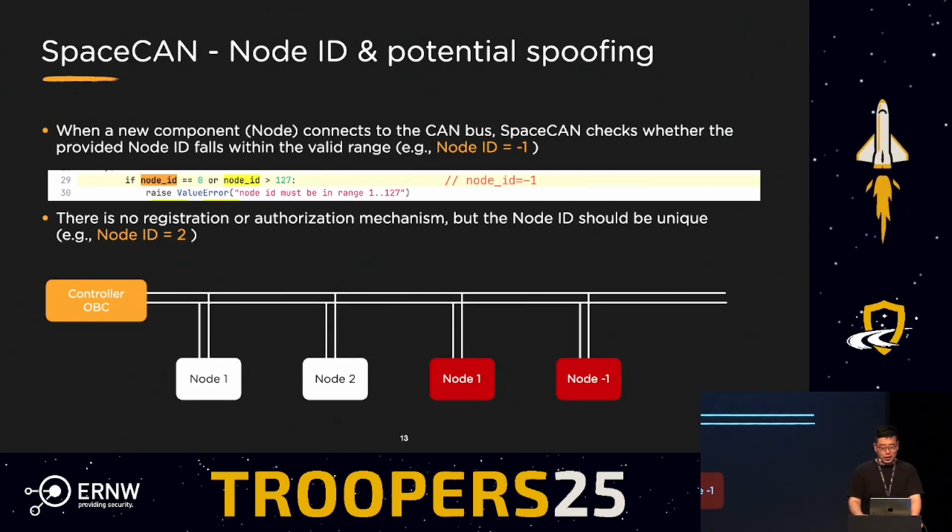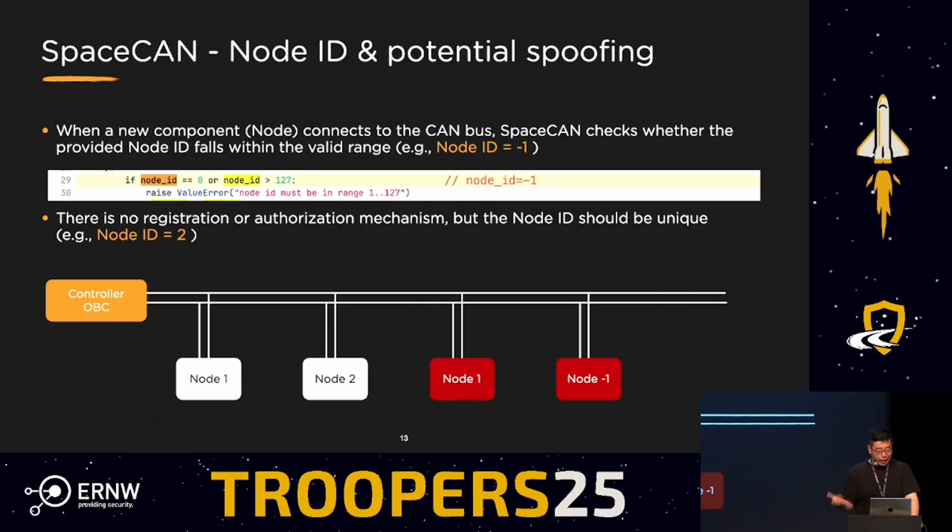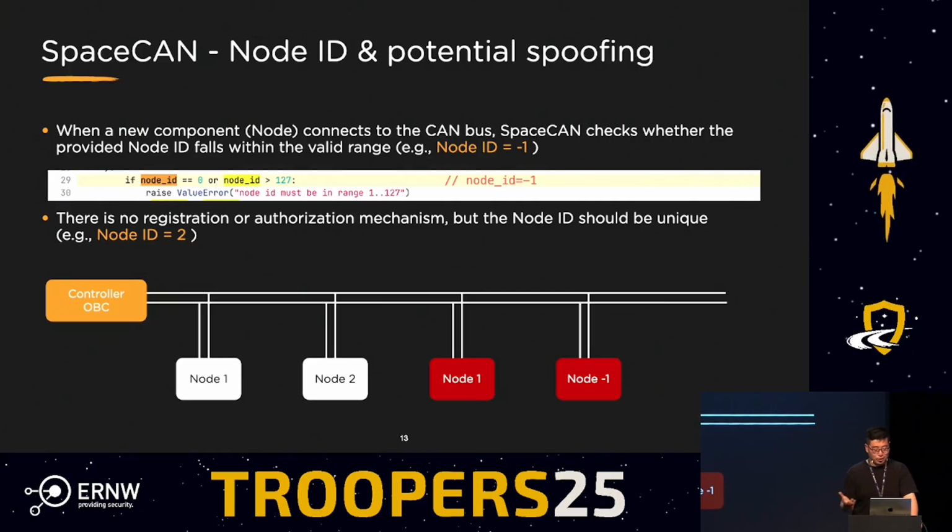First, every electric unit connected to the CAN bus will provide a node ID, which represents who you are or what unit you are in the system. But actually, there is no restriction or authorization mechanism in this system.